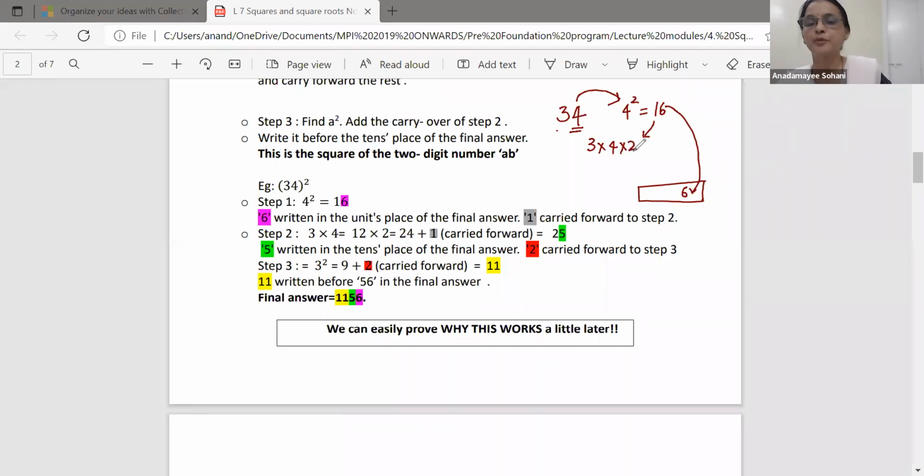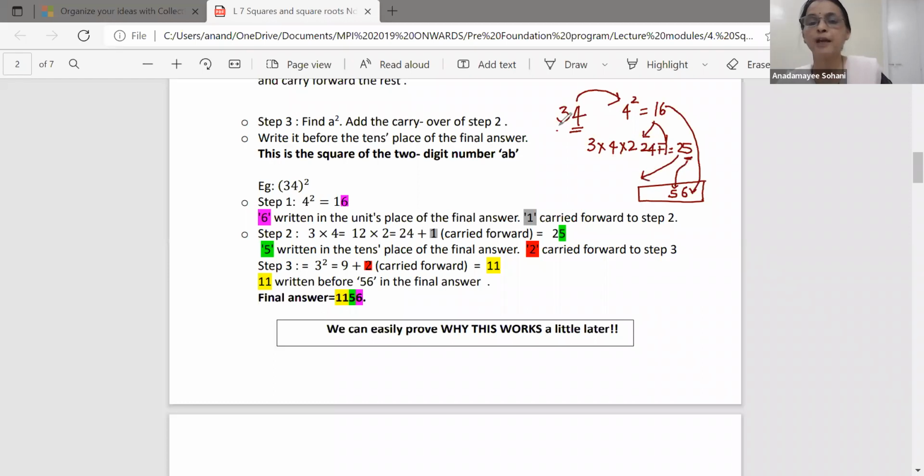So 4 3s are 12, 12 2s are 24. To this 24, I will add this 1. I will get 25. Now, this 5 I will write in the tens place of the answer, and I will take this 2 to the third step.